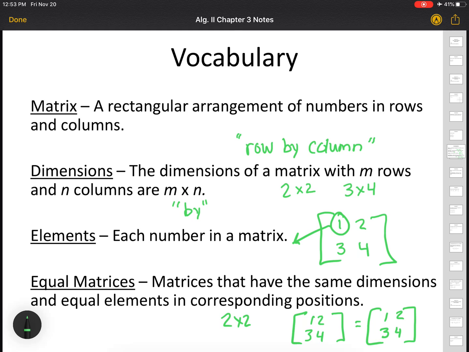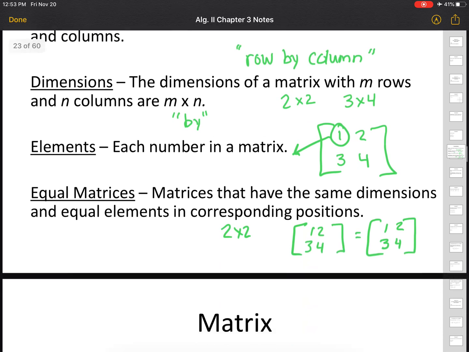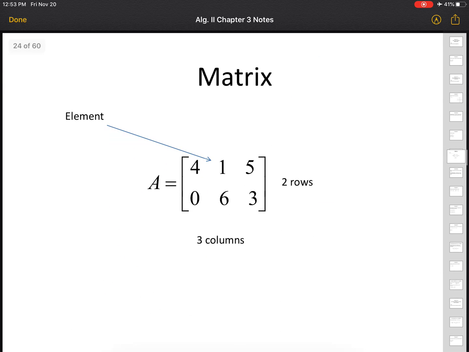And since that matrix is the same dimension and they have the same elements in the same corresponding position, these two are equal matrices. So again, here if I have a matrix, an element could be 1, it could be 0, it could be 3, and this one is a 3 column by 2 row matrix. So this is a 3 by 2 matrix.